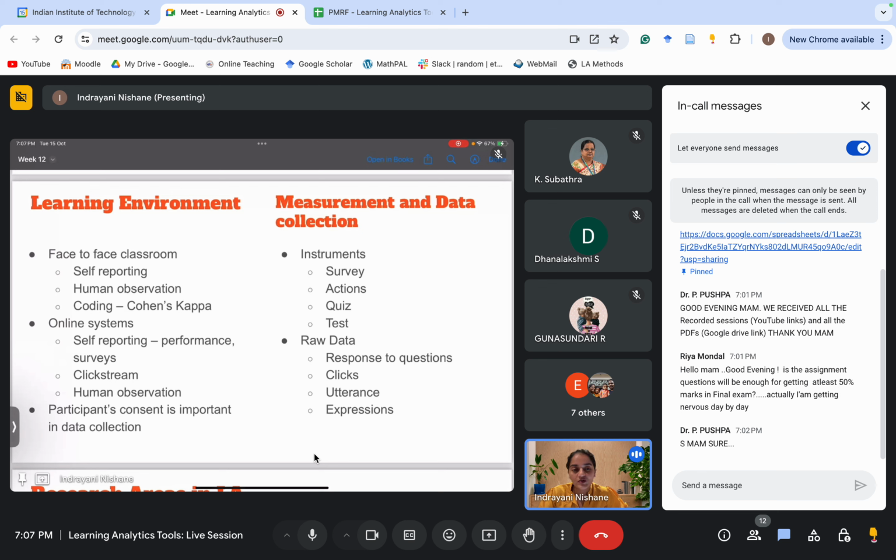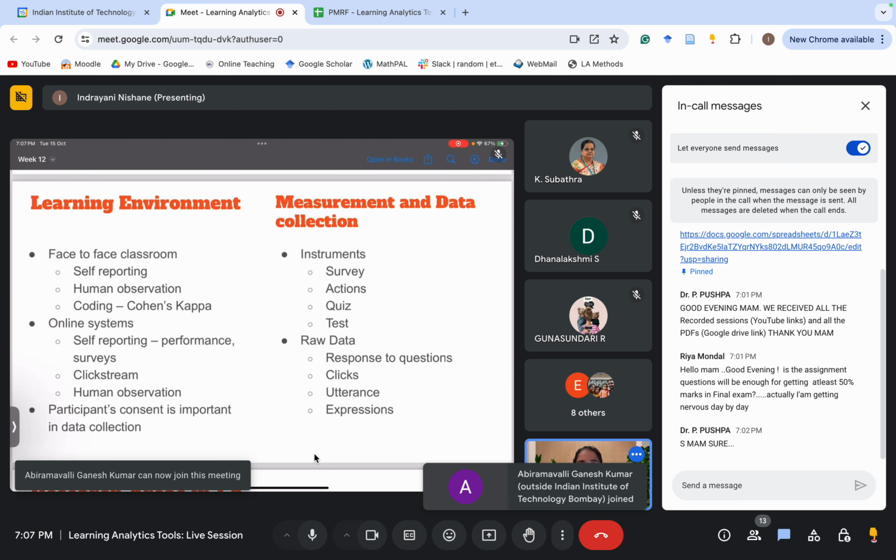Either you can go sequentially, or you can watch only the videos which are of interest to you. So all those actions are logged along with the timestamp in the database, and that data can then be analyzed to understand how students were behaving in that particular learning environment.